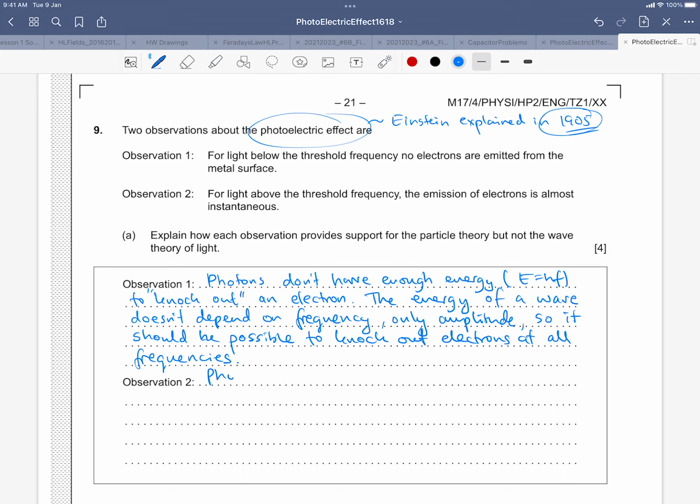So we can write photons collide, they sort of collide 1 to 1, right? One photon collides with one electron, and almost instantly ejects the electron.